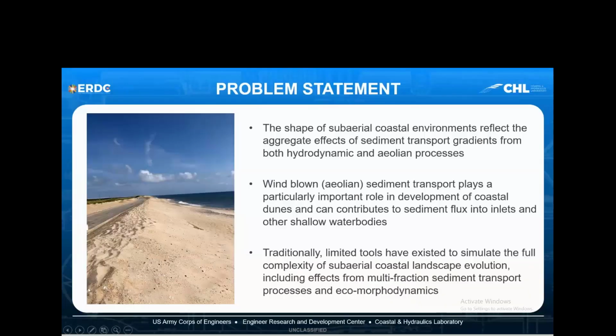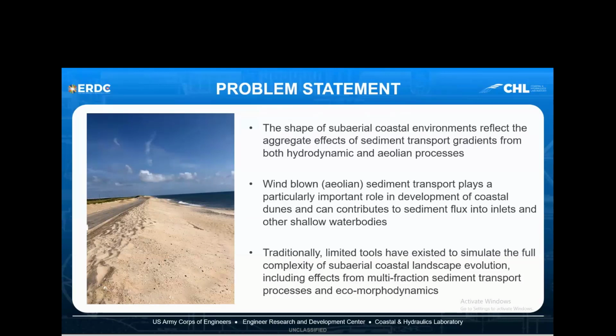So starting out, we know that dunes and beaches and just coastal environments in general are built up by a combination of both hydrodynamic and Aeolian sediment transport processes, where the wind-blown or Aeolian sediment transport plays a pretty important role in development of dunes.